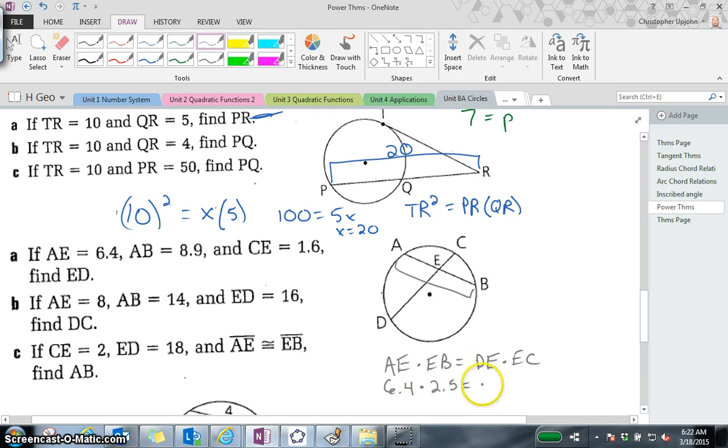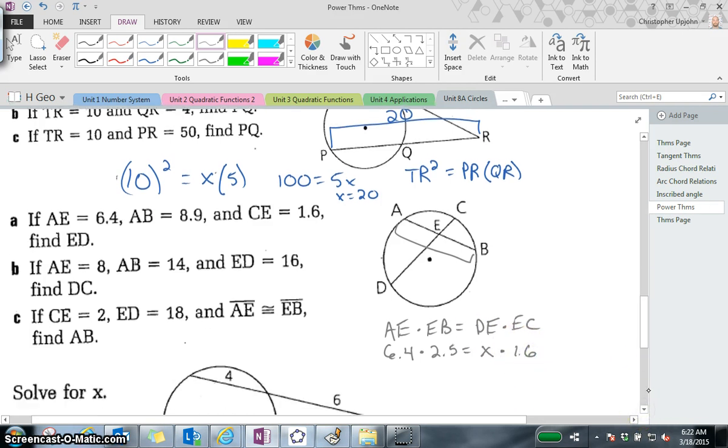Equals DE, which we don't know, times EC, or CE, which we do know. So we need to multiply those. I need to get my calculator. So 6.4 times 2.5, nice round 16. 1.6x equals 16. X equals 10.